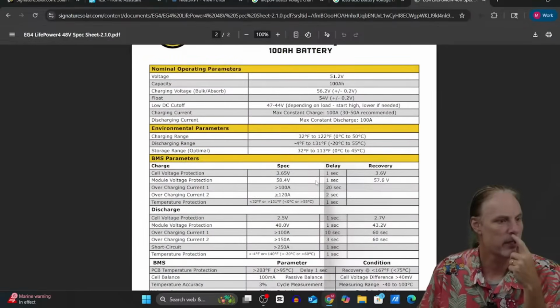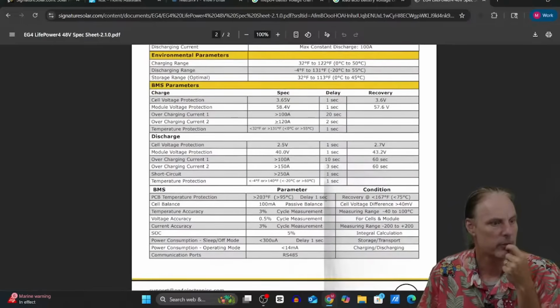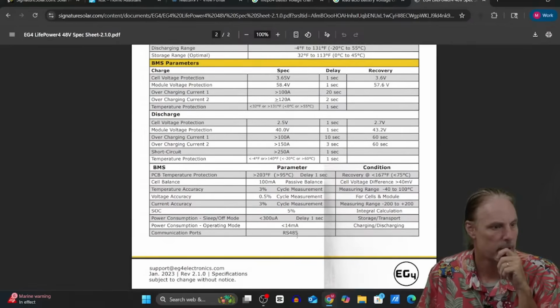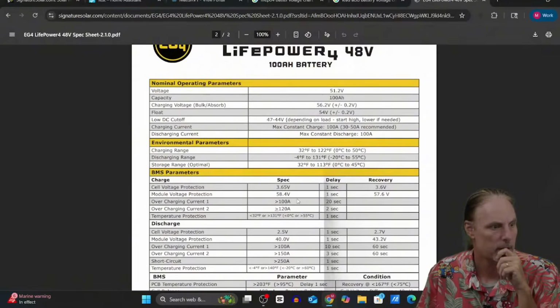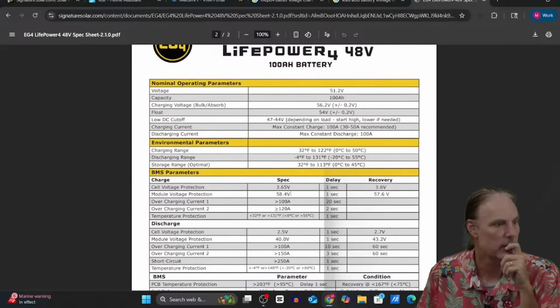If I come down here to the spec sheet and look at cycles, let's see how many cycles they're saying. I don't see cycles listed here. Why not? I'm probably just missing it.